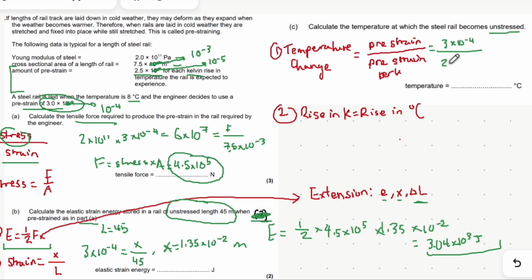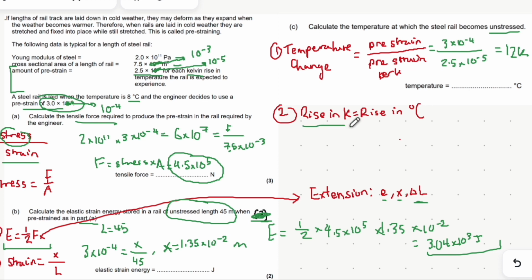So it says that when there's a strain of 2.5 times 10 to the minus 5, that causes a rise in 1 Kelvin of temperature. And we're dividing that from the actual amount of strain that is being experienced. That'll give you a value of 12 Kelvin because it's being measured in Kelvin. I think that's the hardest part of the question to grasp. If you have any questions about that, just let me know in the comments.